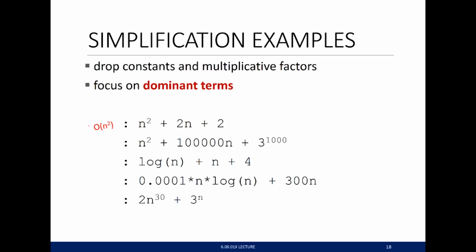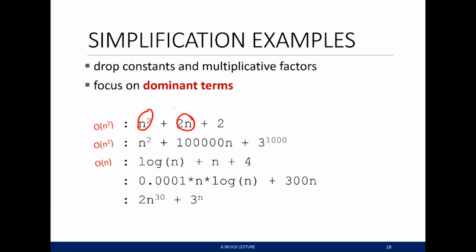And if you think about it, as n gets really large, n squared is going to be much, much more dominant than the 2n factor. And so really this grows as n squared. Even if it's n squared plus 100,000 n, plus a really large constant, we still say this is order n squared, because asymptotically as n gets really big, that's the dominant term. For the third one, it's order n, because n grows more rapidly than log n.